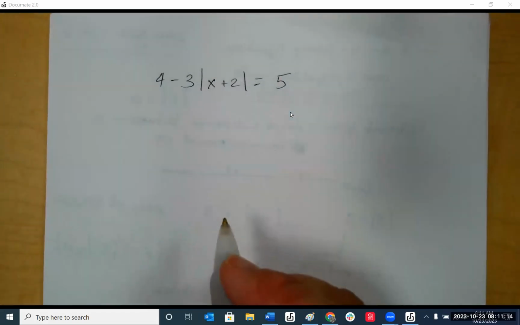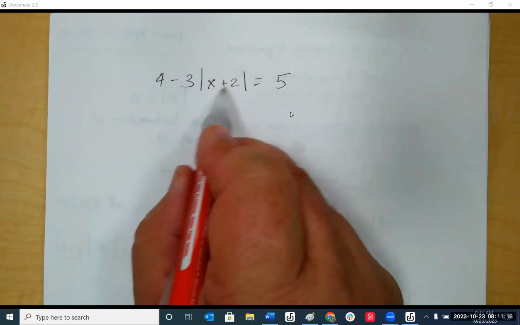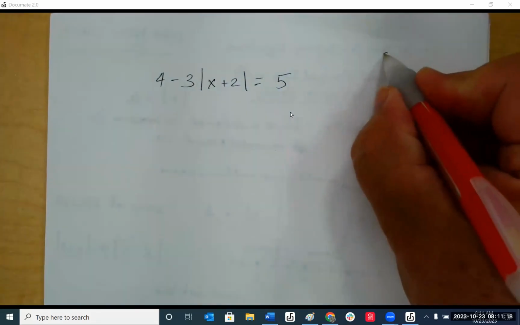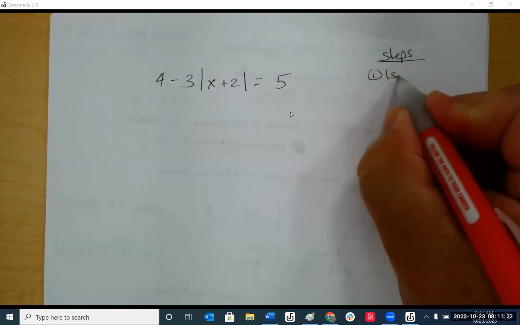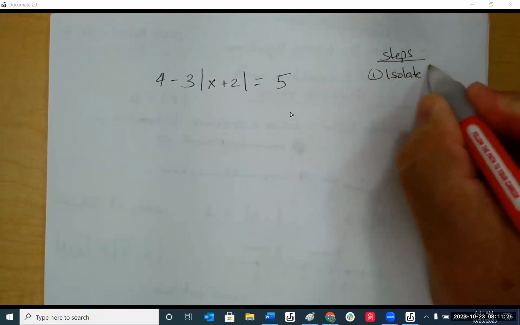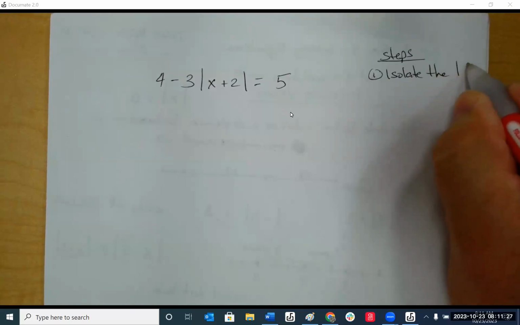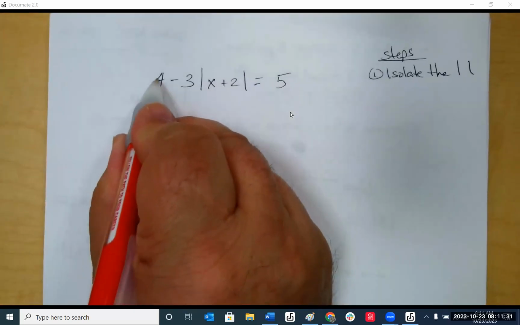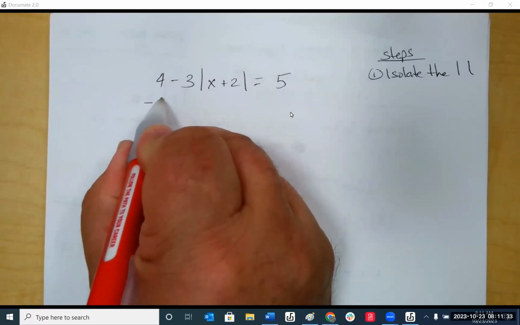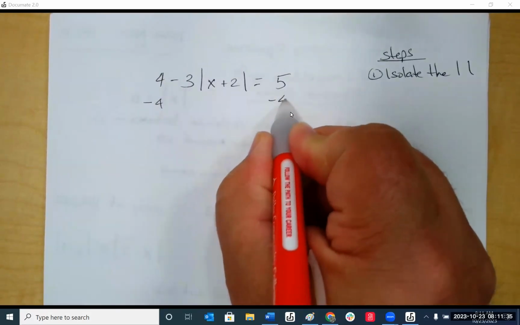All right. So again, we have to isolate the absolute value sign. So we have to get rid of anything plus or minus. Here's a plus, so it's positive 4. Get rid of it with a negative 4.